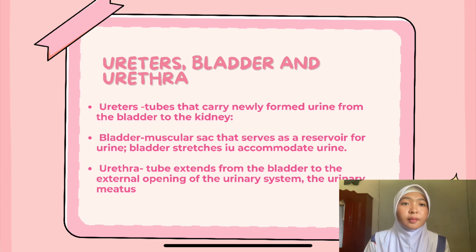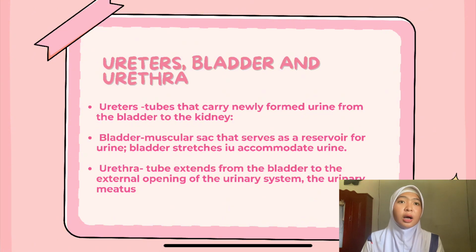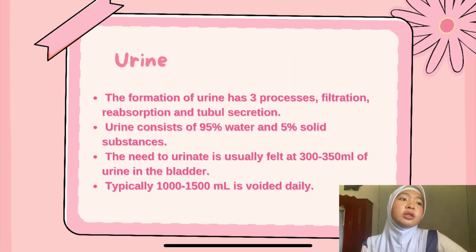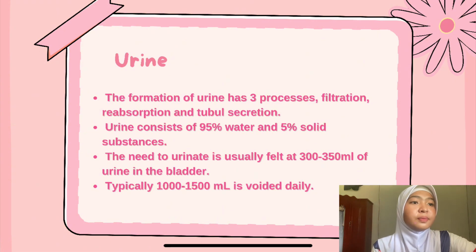So, kapag yung bladder natin is napuno na, merong magsisignal sa nervous system natin, tinatawag siyang receptor signal. Siya yung magsisignal sa atin na kapag napuno na yung pantog natin is kailangan natin siyang ilabas. So, ureters, bladder, and urethra.